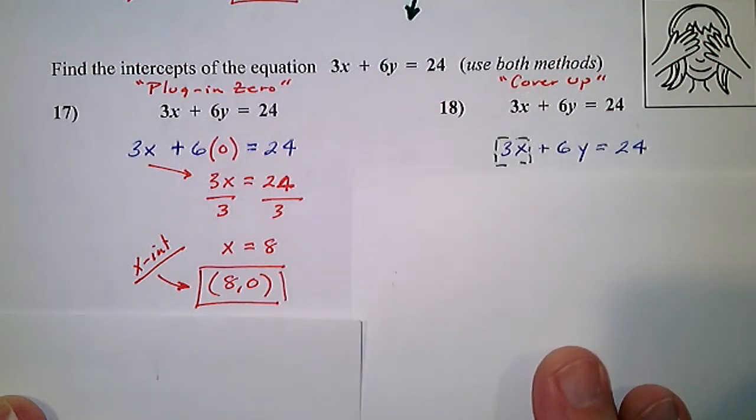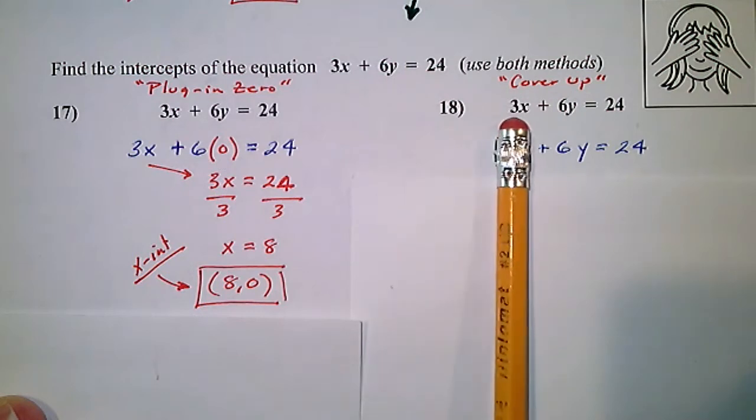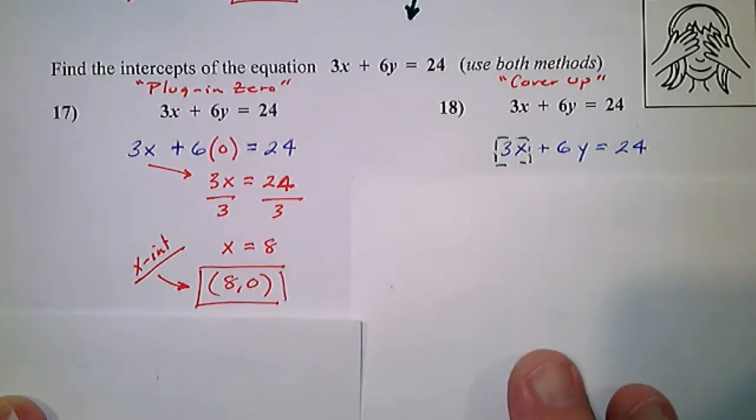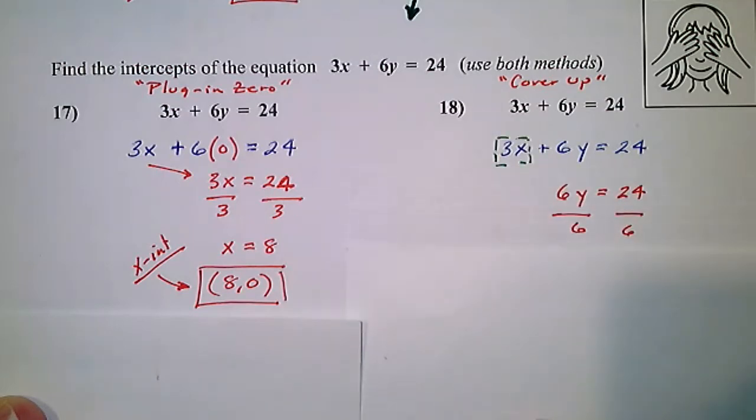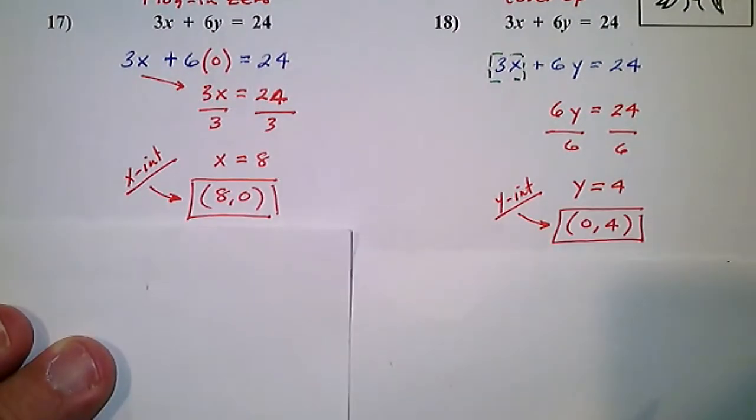So let's drop down here, and I put in green what we want to cover up. If I cover that up, now I just have 6y equals 24. All I have to do is divide by 6 on both sides, and my y-intercept is 4.